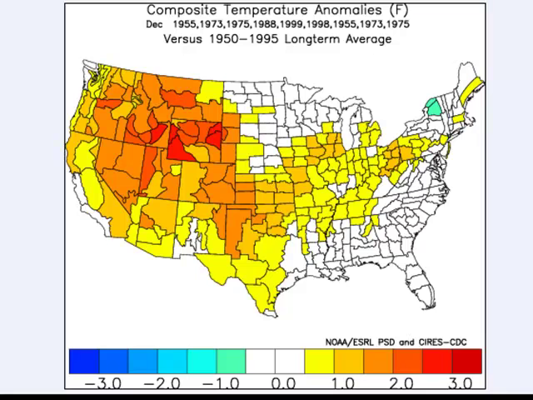One, the phase of the PDO matched up better with the 50s and 70s. Also, the solar cycles, the sunspot cycles, matched up much better with the 50s and the 70s than the ones from the 80s or the 90s. So for those reasons, in these climate graphics I'm about to show you, I gave the years from the 50s and the 70s 2 times the weighting compared to the 1-time weighting for the 80s and 90s.